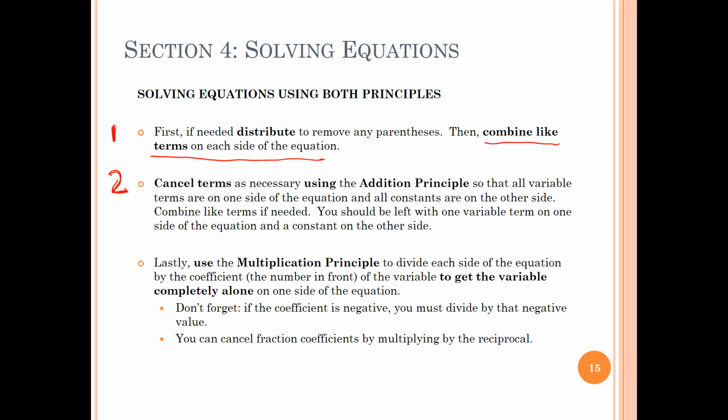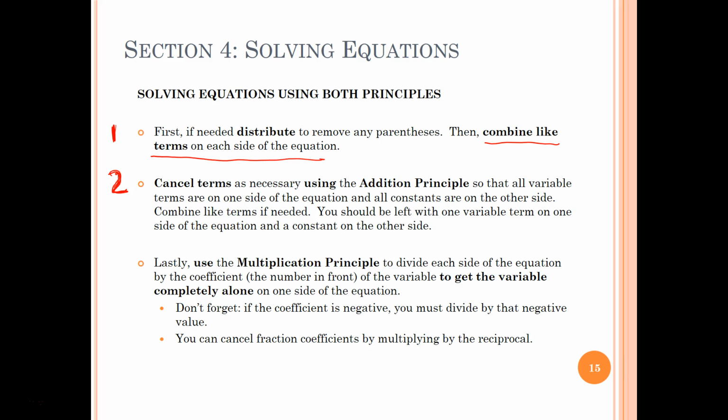We want to move all of the variable terms to one side of the equation and all the constant terms to the other. For our purposes, for ease of calculation, we're going to focus on moving all the x terms, or variable terms, to the left and all the constant terms to the right.